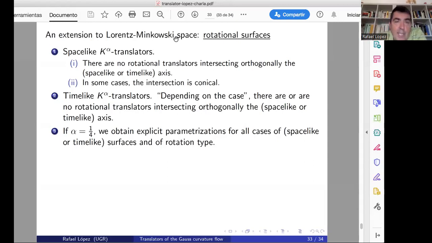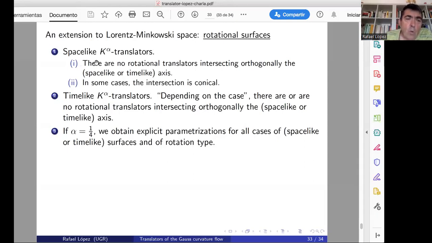Probably the problem changes. For this reason we prefer to study only rotational surfaces, because in this case the equation is an ordinary differential equation, and it's easier to study in some sense.